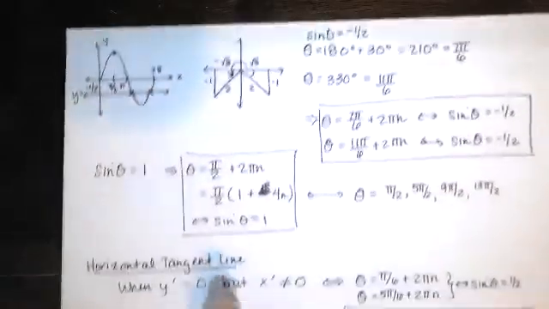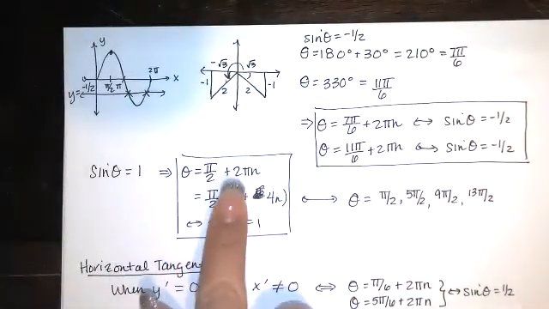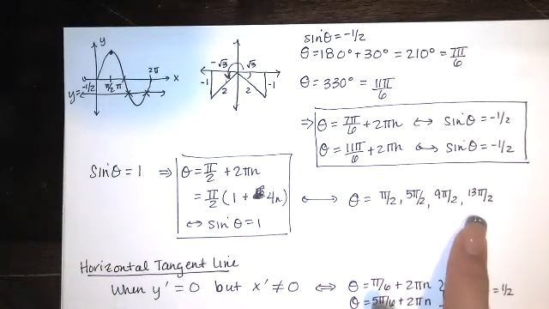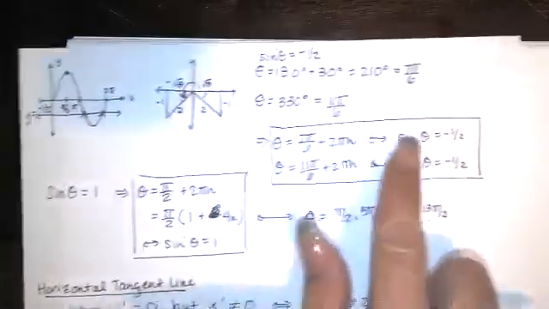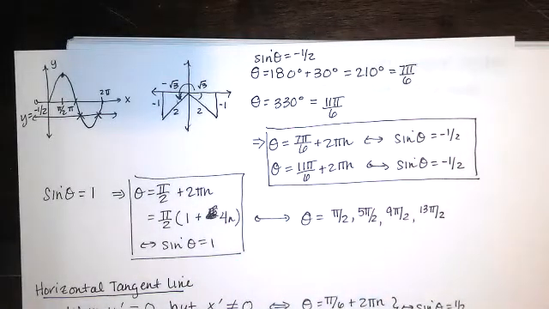Okay. x prime is 0 here, but all of those are ruled out. Those are problems because at these values, y prime is also 0. But at these values, x prime is 0, but y prime isn't 0.